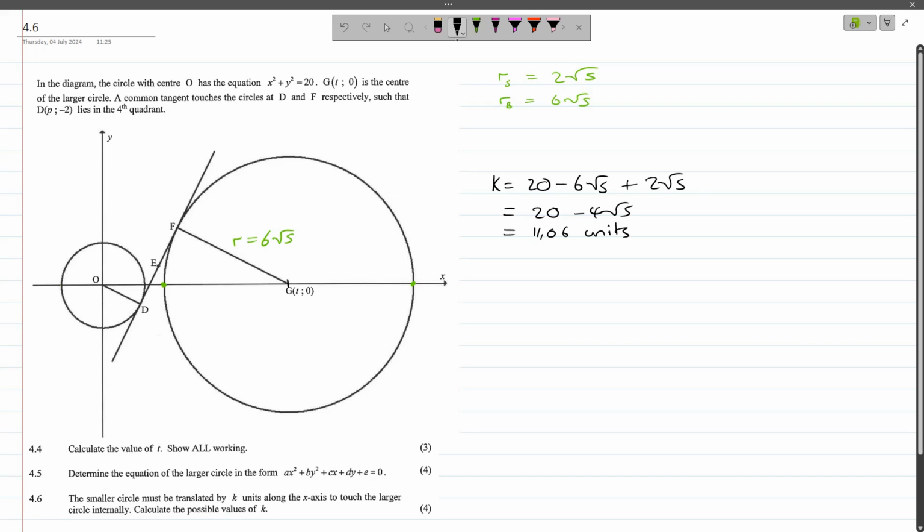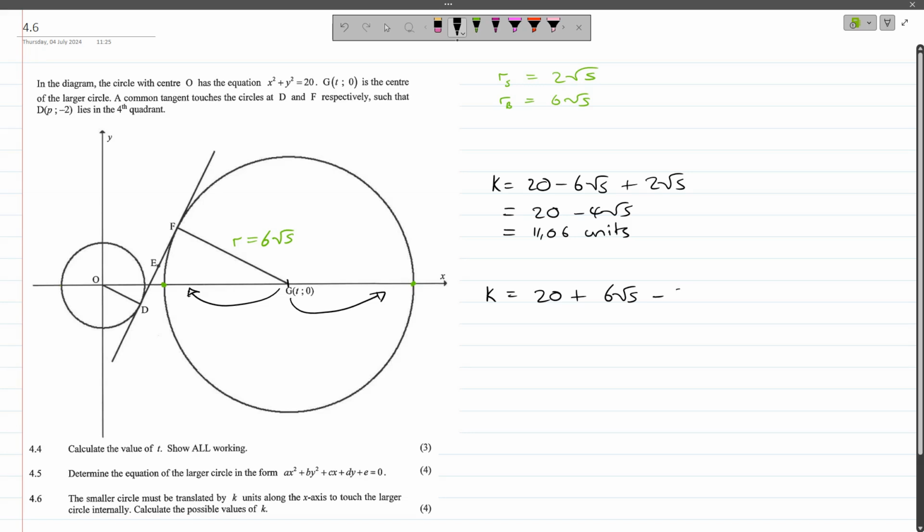Then the other k value will be equal to, similarly, we'll have 20, but in this case, instead of going in this direction, we're going in that direction. So 20 plus the radius will be 20 plus 6 root 5. And then now we subtract the radius of this other circle such that it remains within the circle.